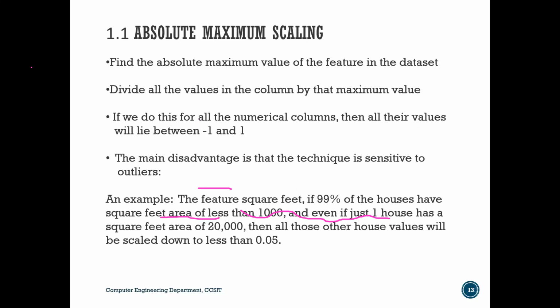What does it do? First it takes the absolute value of all the data, and then chooses the maximum. After that, all data points are divided by the maximum value, and then my data point values will lie in the range of -1 to 1. So there will not be too much variation.